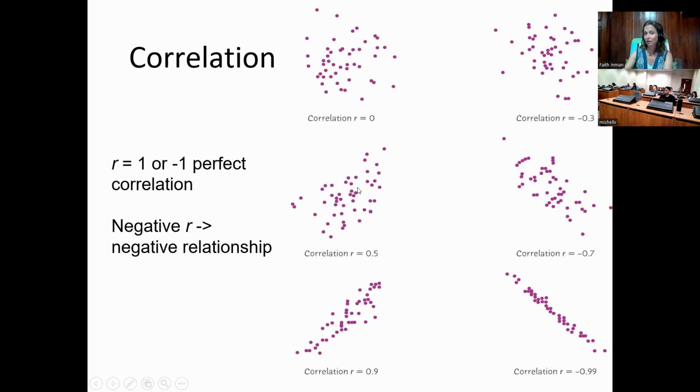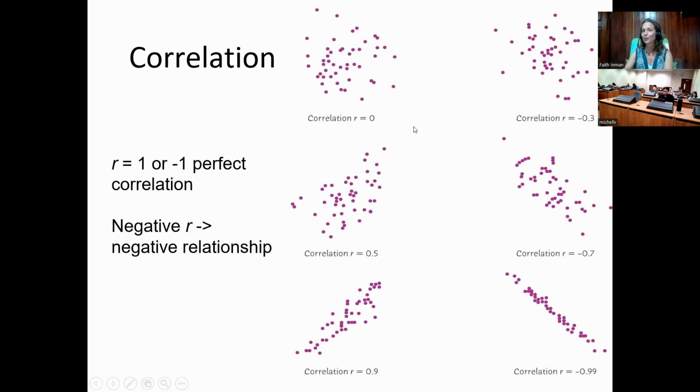That would be a moderately strong, you could say, positive relationship. If you had a correlation of -0.7, you could say that your correlation was also a fairly strong negative relationship. If your R is 0.9, you could say you have a strong positive relationship. And if your correlation is -0.99, you would say you have a very strong negative relationship.